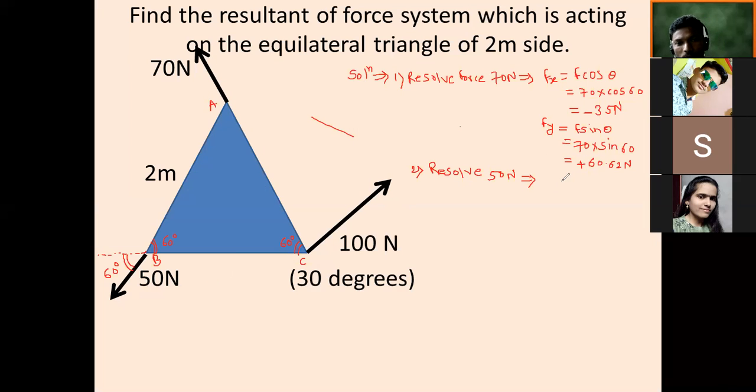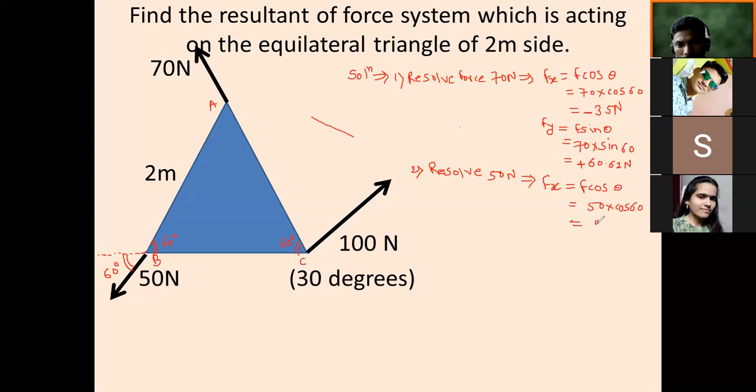While resolving the 50 Newton force, what will the component Fx become? Fx is equal to F cos theta. What is the value of F? 50 into cos 60. How much? 25.